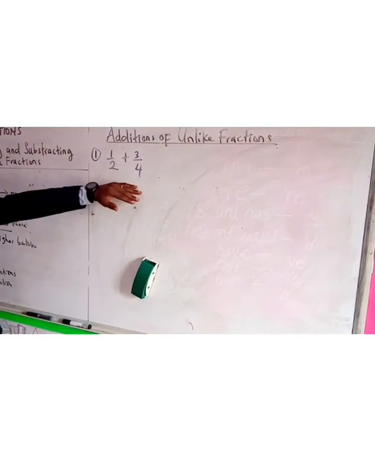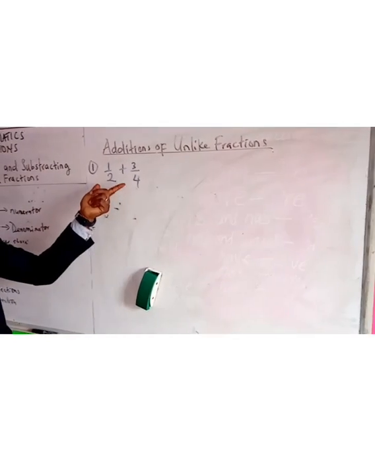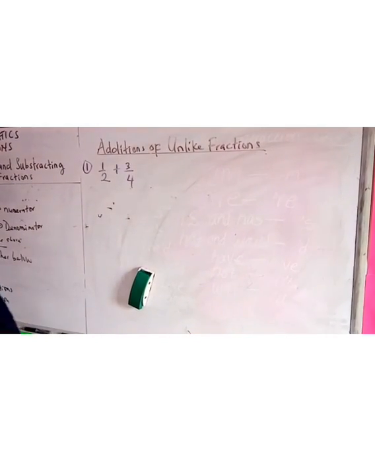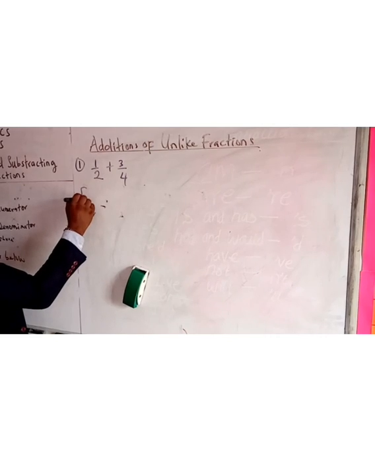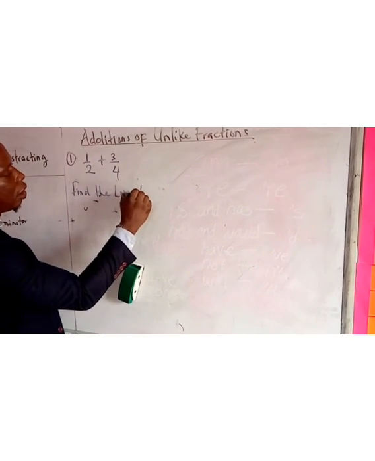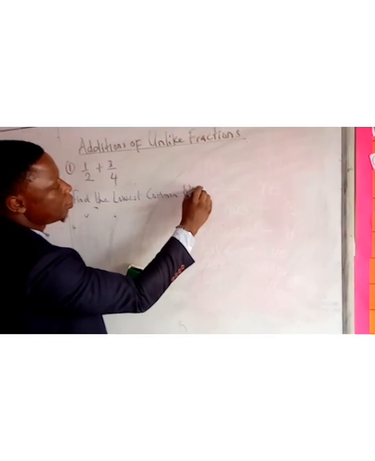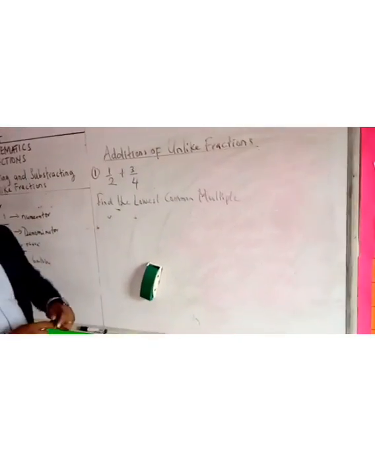If we have a question like this, because the denominators are 2 and 4, what we'll do is to find the lowest common multiple, which I think you have been taught before now.